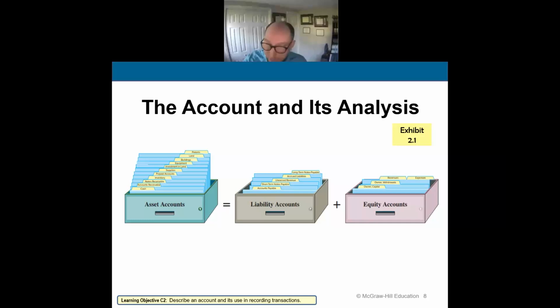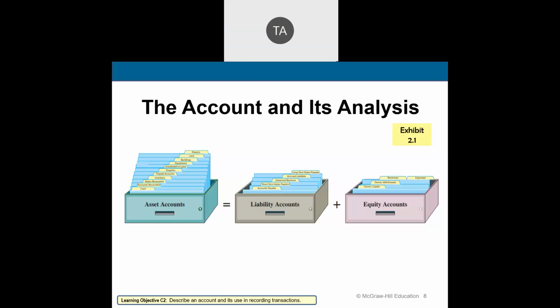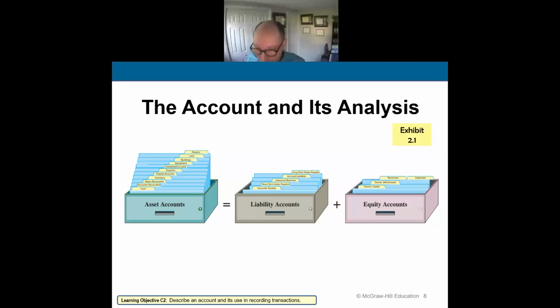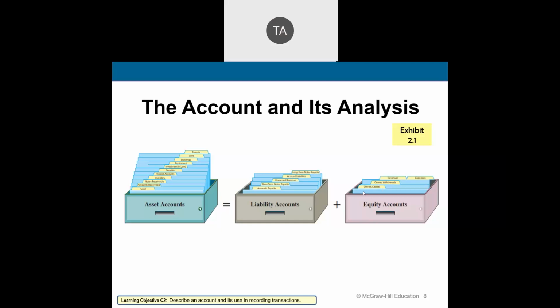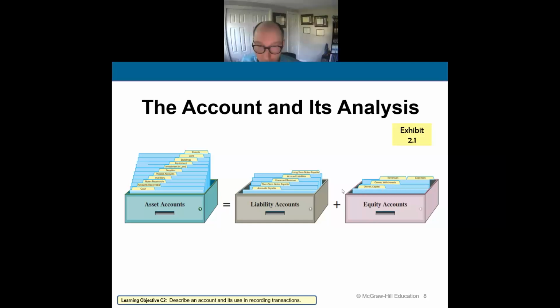After the first month, the insurance company would debit unearned revenue and credit sales revenue, because sales is revenue, remember? That represents them earning it. They'll do that at the end of each month. Okay, great. Thank you.